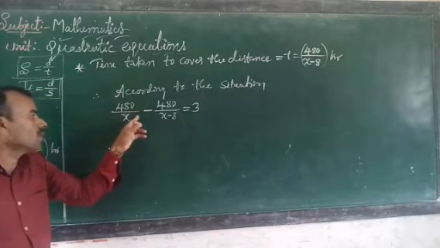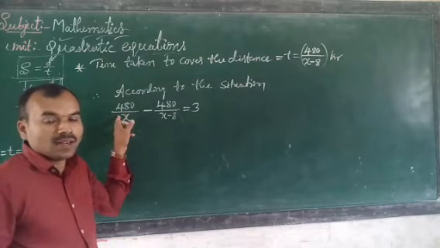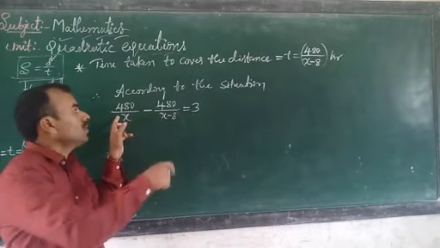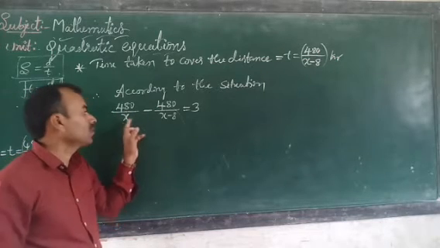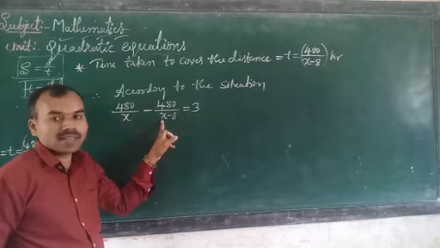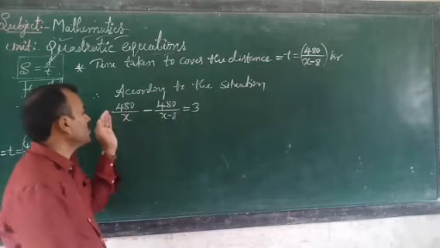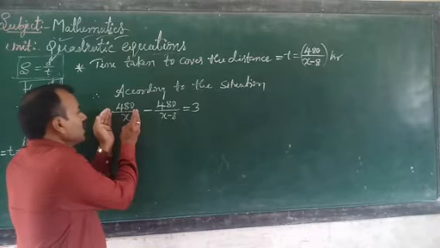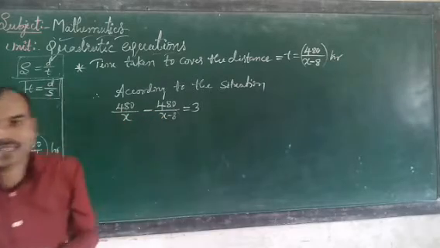Dear students, 480 by x is the time at the speed of x kilometer per hour. This is the time taken at the speed x minus 8 kilometer per hour. It takes more time, and this is less time.